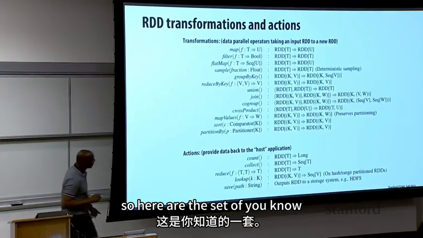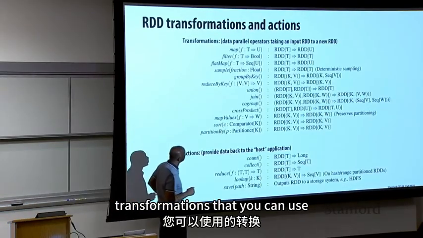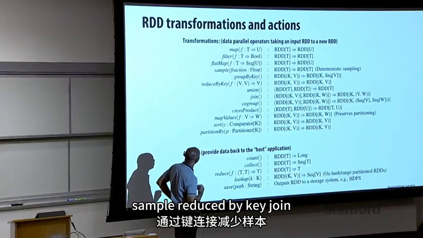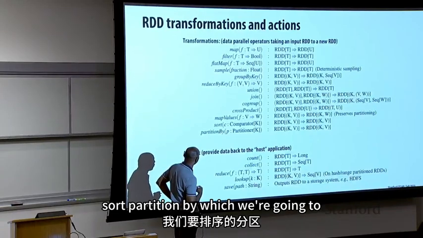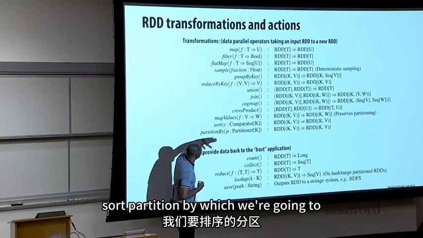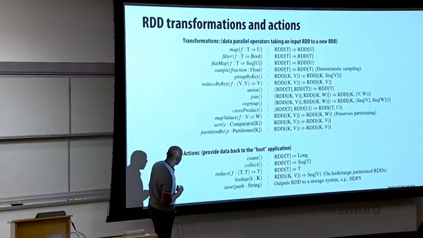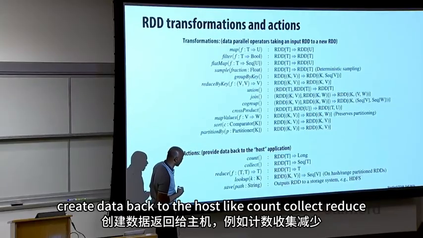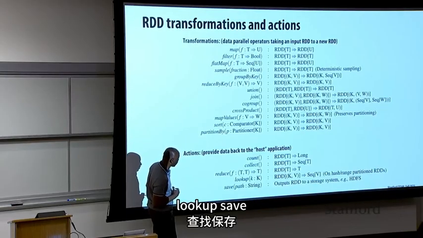So here is the set of transformations that you can use in Spark, right? You've got map, filter, flat map, sample, reduce by key, join, sort, partition by, which we're going to talk about in just a moment. And then you've got actions, which of course return data back to the host, like count, collect, reduce, lookup, save.